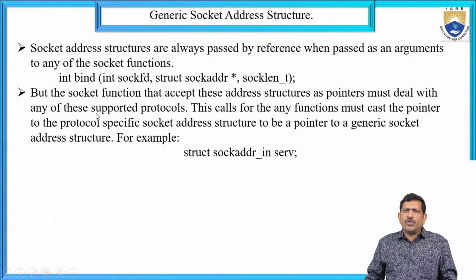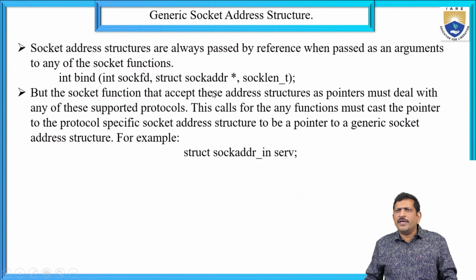But the socket function that accepts this address structure as a pointer must deal with any of the supported protocols. These calls must cast the pointer to the protocol-specific socket address structure to be a pointer to a generic socket address structure.